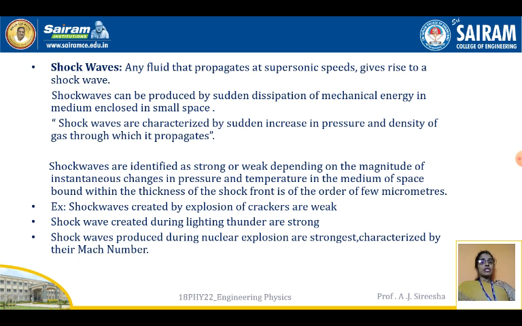The moment a shock wave is generated, there will be a sudden increase in the pressure and the density of the gas. Usually when the shock wave is being created, there are sensors which detect the temperature and the pressure, from which you can say that there is a huge increase in the pressure and the density of the gas.